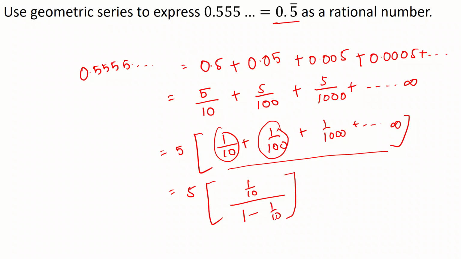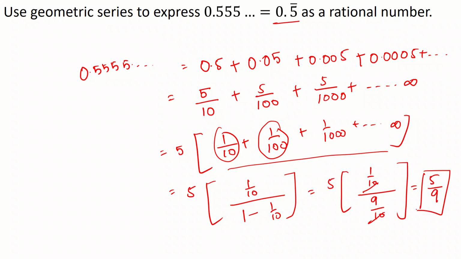Again 1/10 is a proper fraction, so we are good again. So it's 5 times 1/10 divided by 9/10. 10 and 10 cancel. I get 1/9, so it is 5/9. If you do 5 divided by 9 in the calculator, you'll get 0.55555. So 5/9 is our answer.